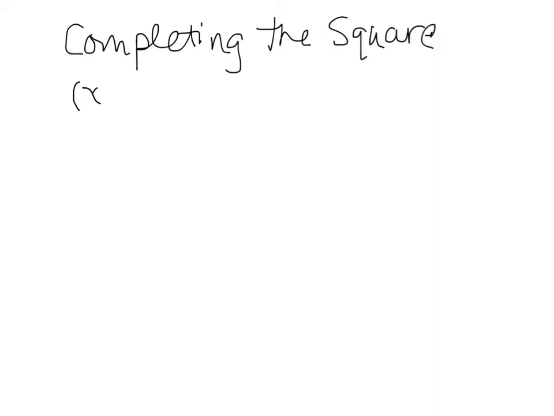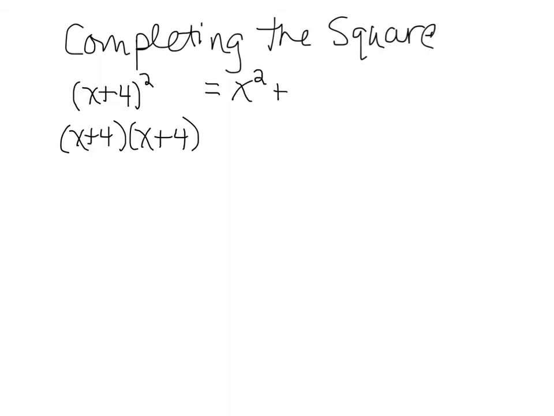We know that x plus 4 squared means x plus 4 times x plus 4. Some of you have learned the shortcut for this, realizing that this is x squared plus 4 times x plus 4 times x, 8x, plus this number squared, 16. I could do the long way. First gives me x squared. Outer gives me 4x.